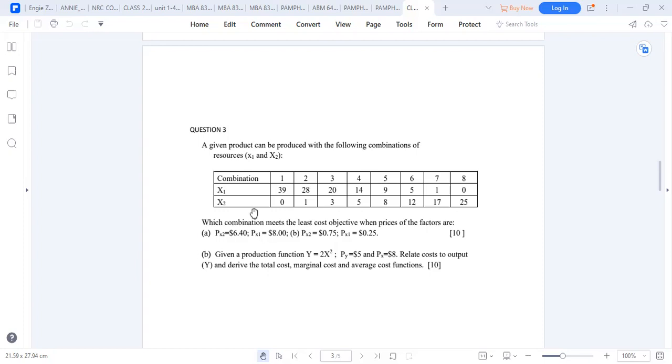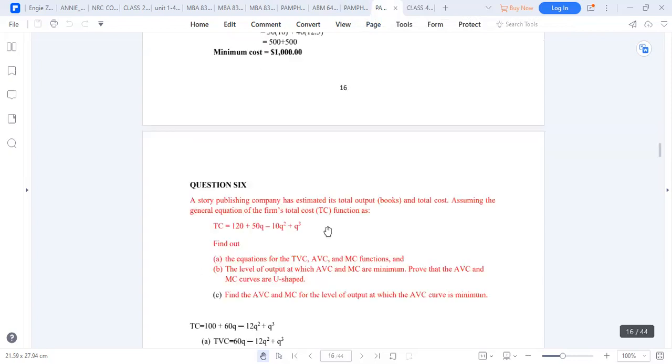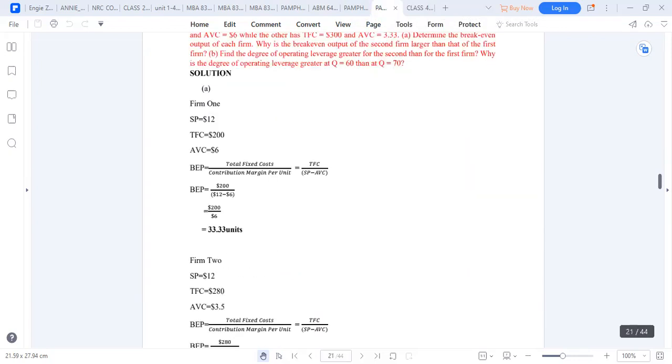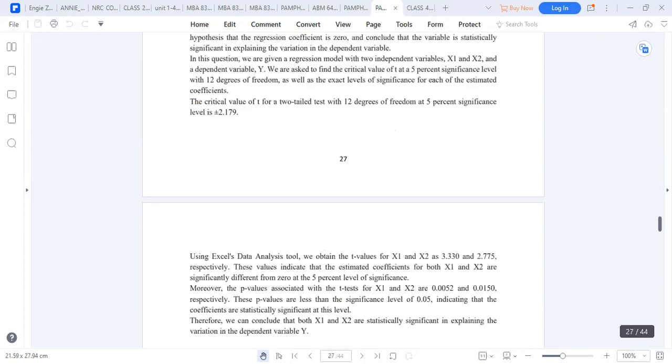So we'll come up with a table with the specific prices of X1 and X2 for part A and for part B. Then we are going to get the optimum bundle computation.